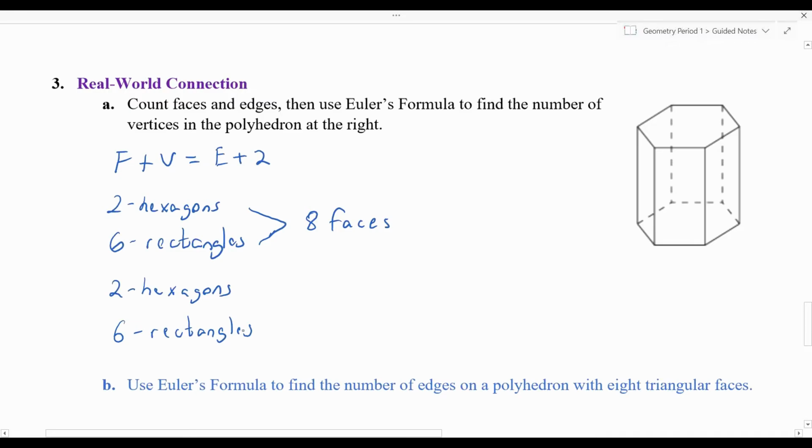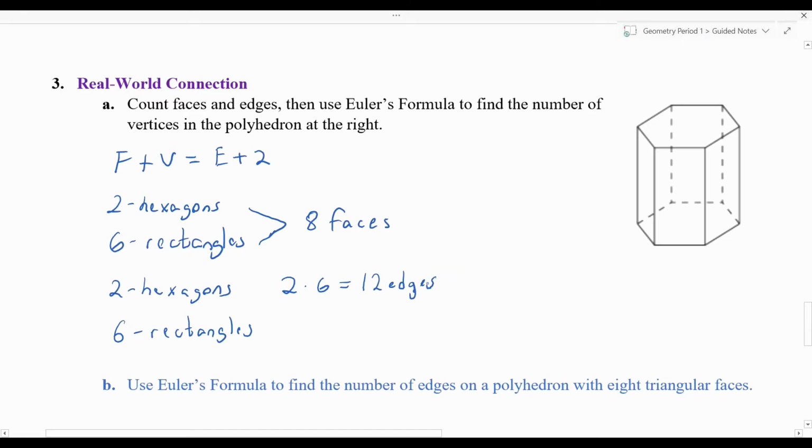So 2 hexagons, that is 2 hexagons times the number of sides that a hexagon has, which is 6, which gives me 12 edges.